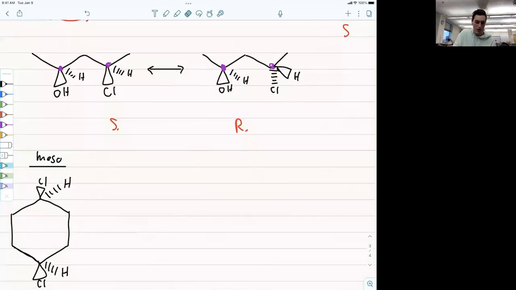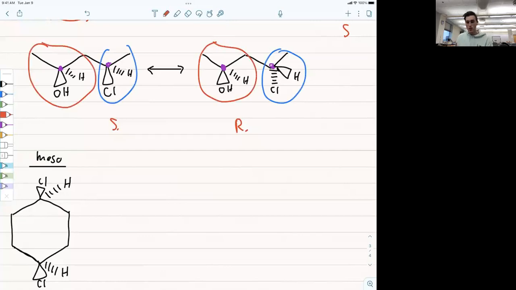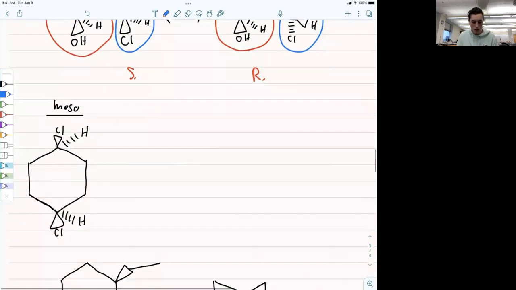The reason for that is this one flipped, but this one didn't, which means that these are diastereomers. One flipped, but the other one didn't. So if you are about to write enantiomer on the exam, I would just draw it out because it's easier. And you'll probably also get a question like this. We had one on the practice exam that looked similar, where we're wondering if they're enantiomers of each other.